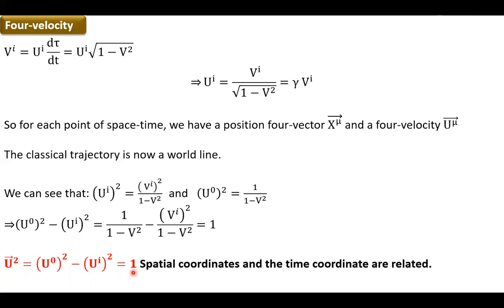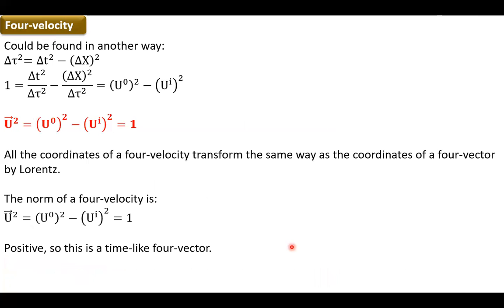So you see that spatial coordinates and time coordinates are related. So there is a relation between time coordinate and spatial coordinates. You see that this quantity is equal to 1, which is positive. So you can say that it is a time-like vector because its square is positive.